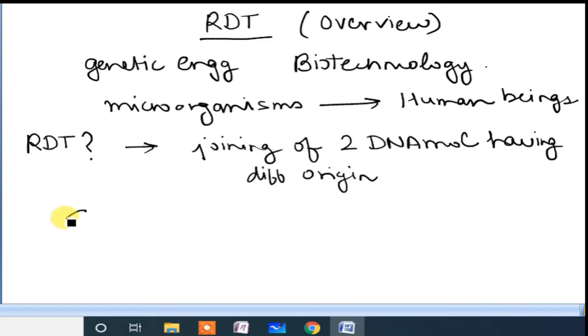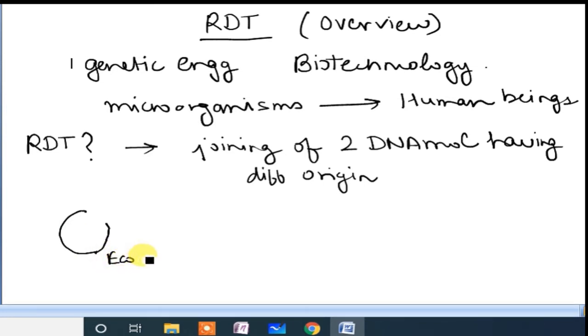Let us understand this by means of a diagram. Suppose this is a DNA molecule from bacteria, from E. coli. This is the DNA from E. coli, and we are joining a fragment of DNA from human beings.